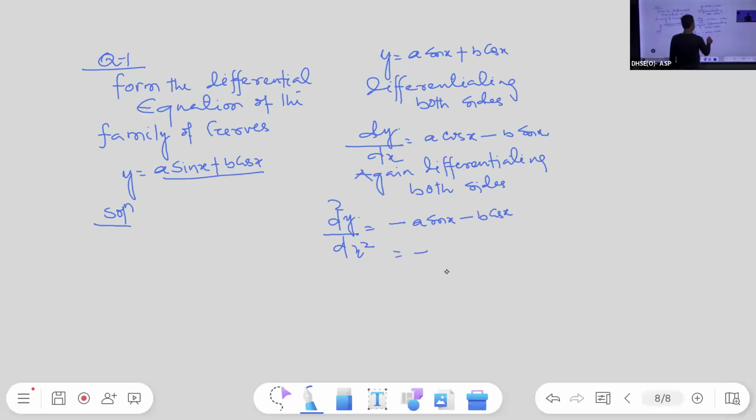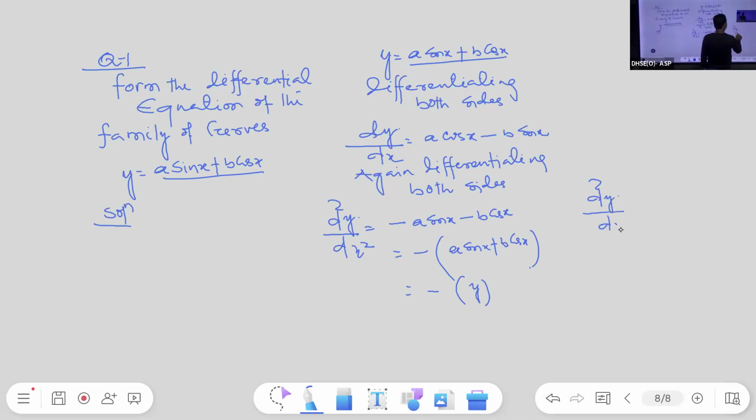Taking minus as common, minus of a sin x plus b cos x. Now a sin x plus b cos x is nothing but y, so we can write minus y. Hence, the required differential equation is d square y upon dx square plus y is equal to 0. This is the required differential equation.